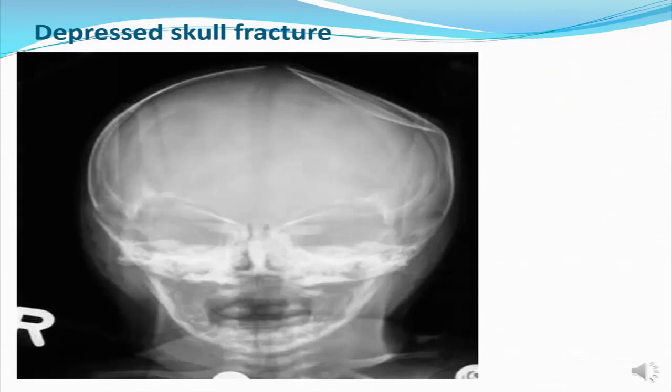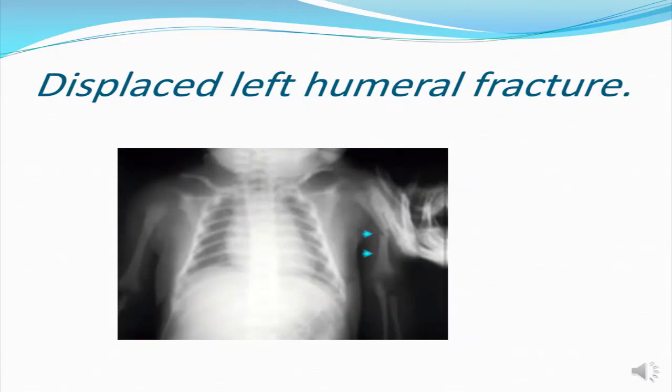This is a depressed skull fracture here. If it is causing neurological deficit, it needs CT, and we might need to do surgical elevation of this fracture. Displaced fracture of the left humerus.